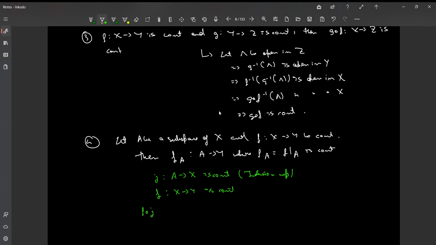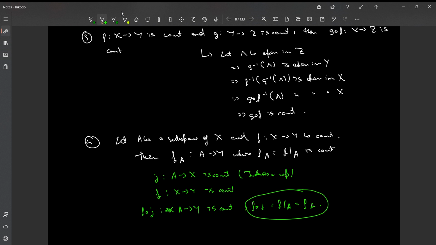And we are given that f from X to Y is continuous. Then we consider the composition of f and this inclusion map. There is a mapping from A to Y, and it should be continuous from statement 3 because f and j both are continuous. But what is f of j?